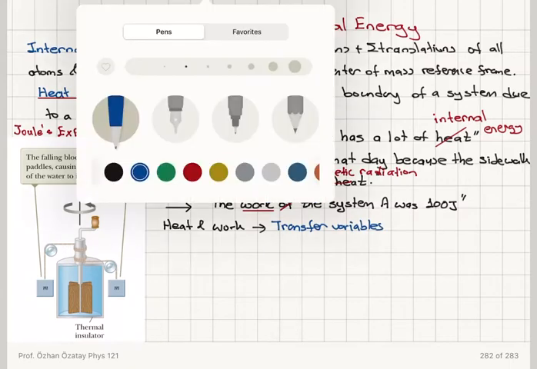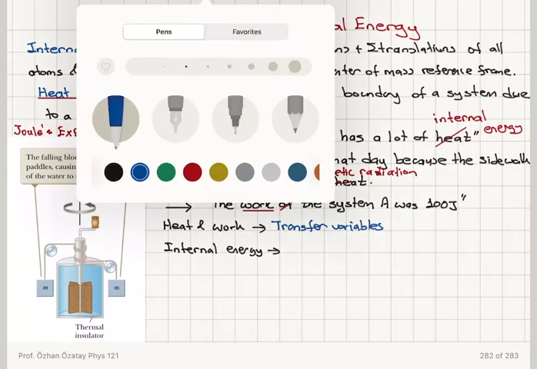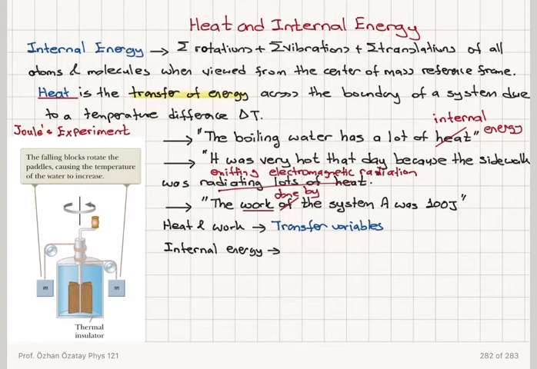And on the other hand, internal energy is basically describing a state of the system. It's the total energy associated with rotations, vibrations, and translations of the atoms and molecules when viewed from center of mass reference frame. It's a state variable.